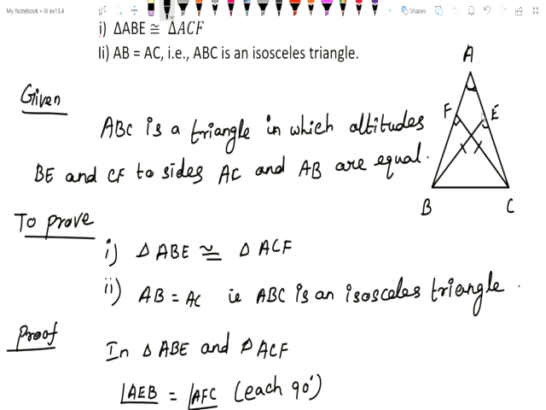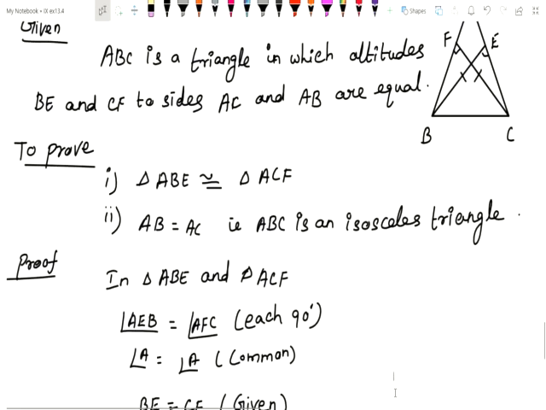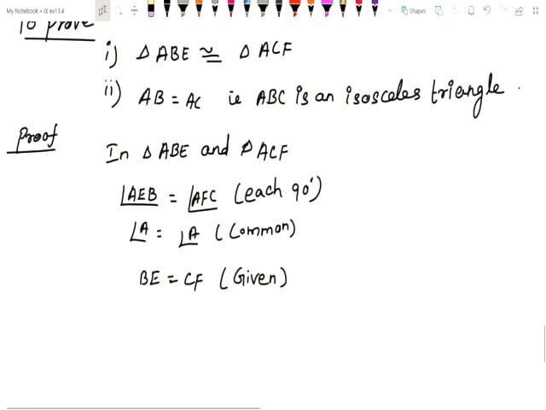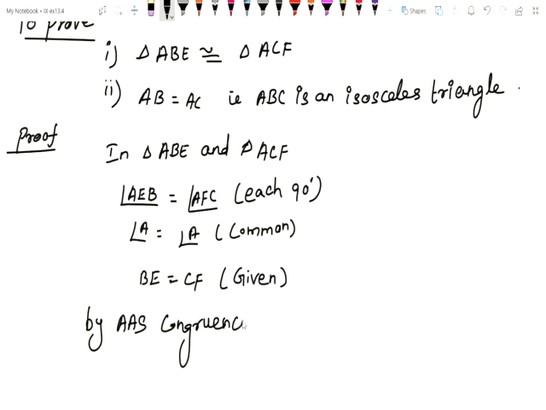So angle, angle, side. By AAS congruence rule, triangle ABE is congruent to triangle ACF. So the first one we proved.